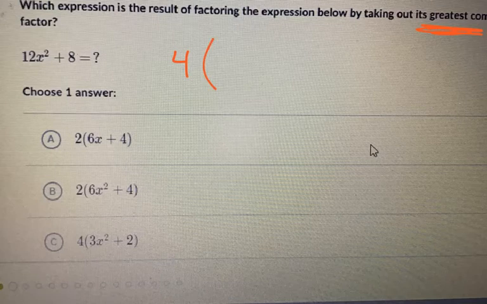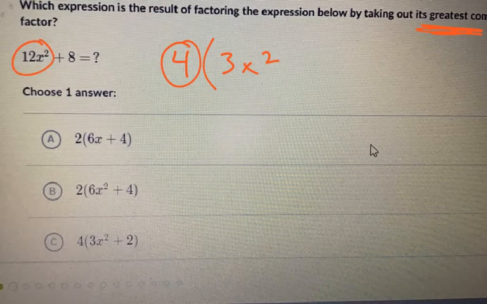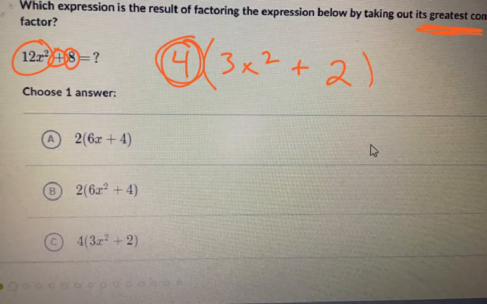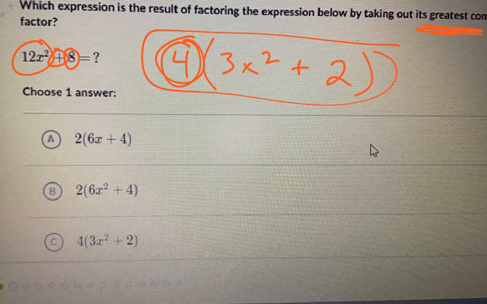So I'm going to do a GCF of 4, and that means I'm going to do 3x squared, because when I times that with 4, I get 12x squared. I notice there's a plus. Watch those signs. And I know 2 times that 4 gives me the 8. So this is my GCF factored form, which as you can see is right there. So I'm going to pick C and get credit for it.